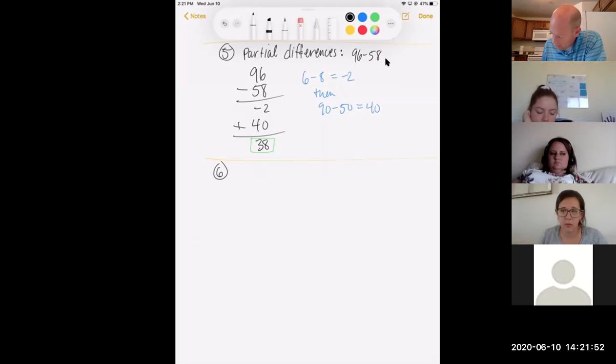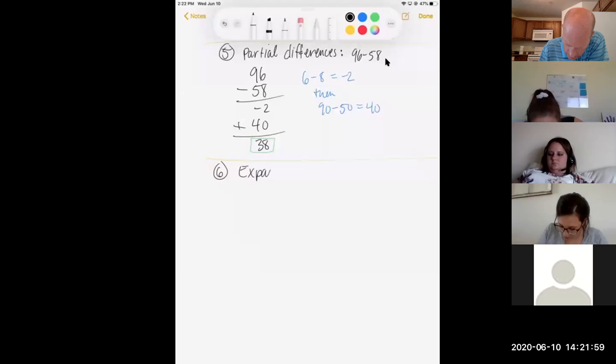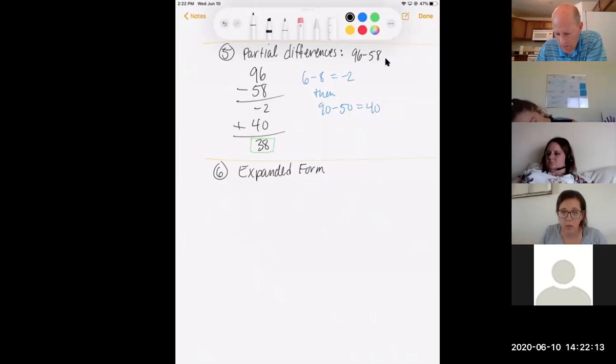Okay, last strategy is expanded form. Expanded form follows the partial differences. Expanded form, again, is breaking the numbers up into place value and then just operating from there. With breaking up numbers, we were able to be more strategic so we could avoid going into negatives, but expanded form is like partial differences where it will go into negatives.